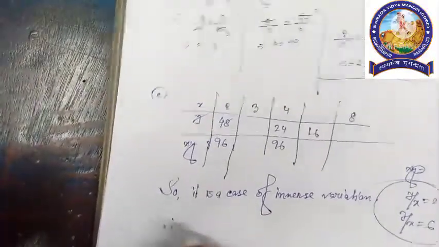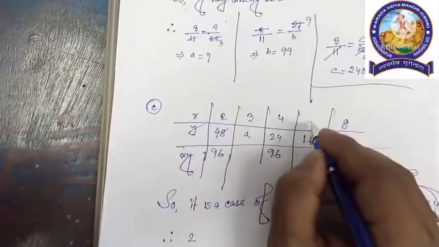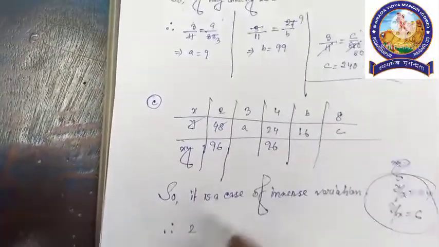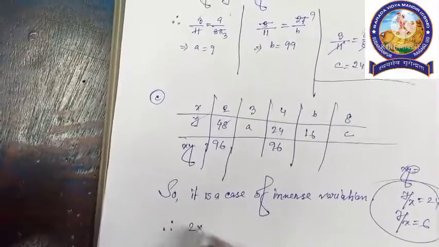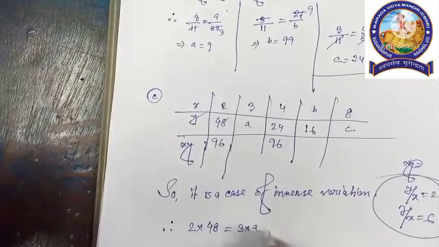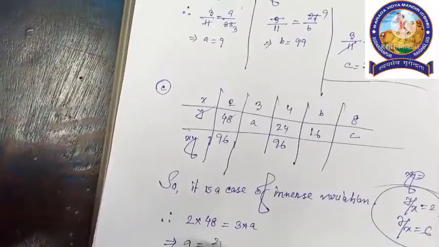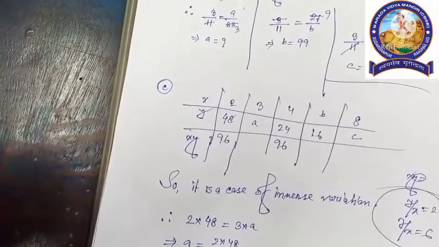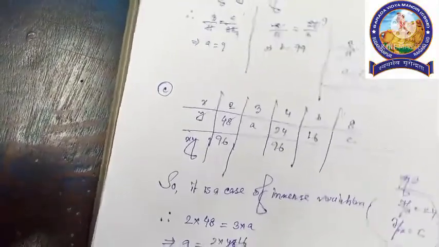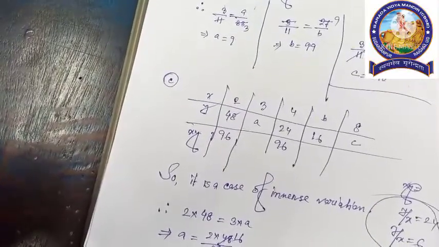Therefore the products are equal. Here also we take a, b, c. So 2 into 48 equals 3 into a. Therefore the value of a equals 2 into 48 by 3. So 3 sixteens are 48, which implies a equals 32.